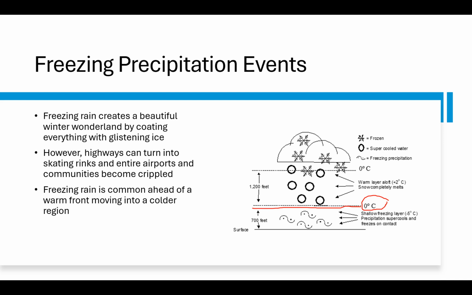So if you have any precipitation, what's going to happen here? Let's just follow the precip from the base of this cloud. You got this cloud, it's below freezing temperatures, so it starts to snow. As the snow falls into a warmer layer, this warm elevated layer here, about 1,200 feet thick, as that frozen snow falls into this above freezing layer, 1,200 feet of above freezing temperatures, the snow's going to completely melt.